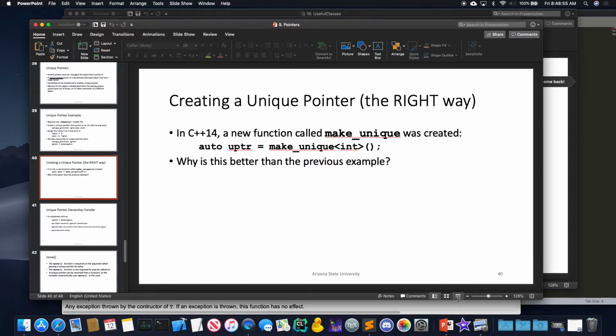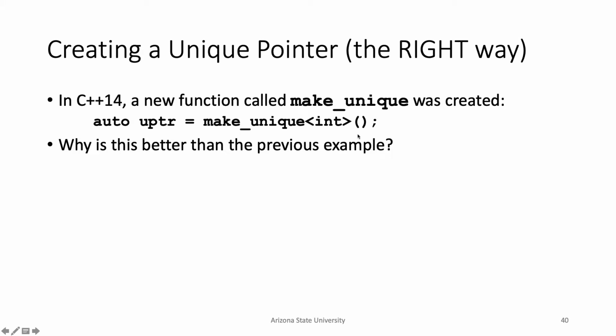What you would put in here is the arguments to create something of this type. So if I wanted to make an int with the value 42 initially, I would put 42 there. If I had a student object which took a string name and a double ASU ID, you would put both of those arguments there. So it's the arguments that will create the variable here.